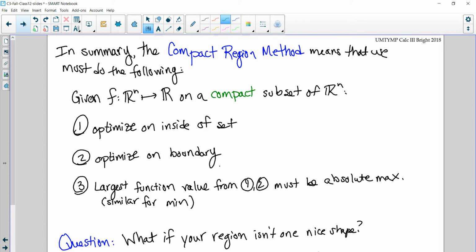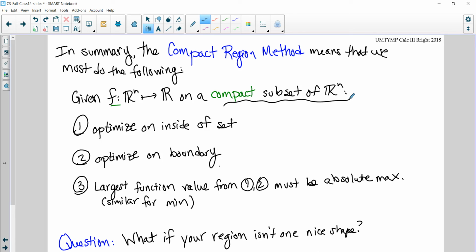And then just to talk about the compact region method, this is our three-dimension, or our three and higher dimension equivalent to the closed interval method, and that uses the idea of compactness. If we're talking about a function on a compact subset, what we want to do is optimize on the inside of the set.